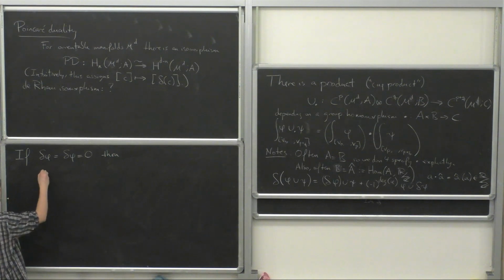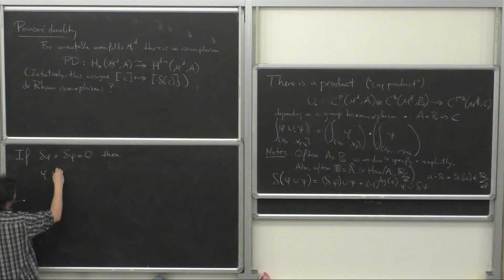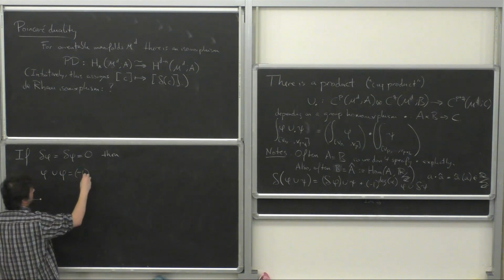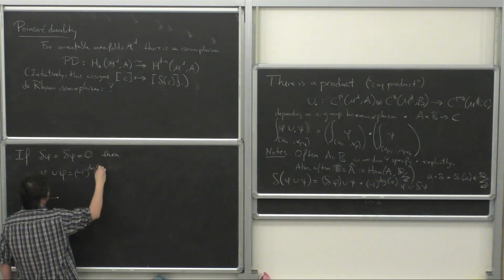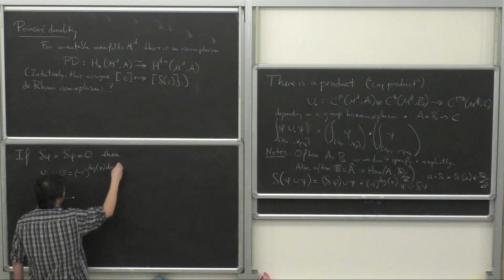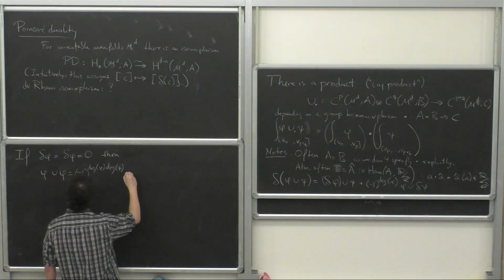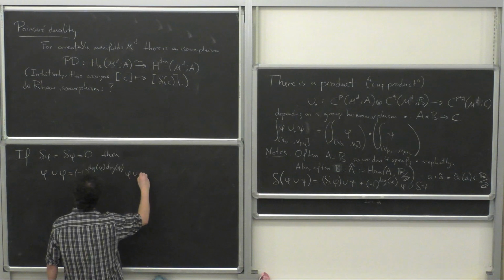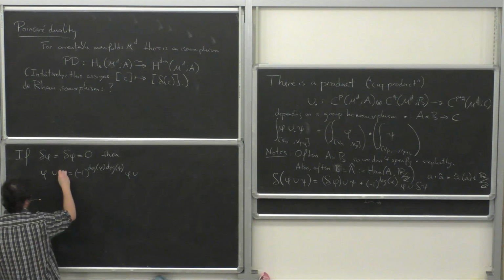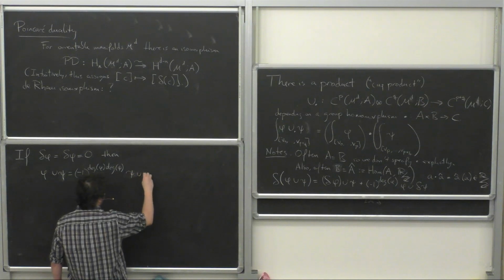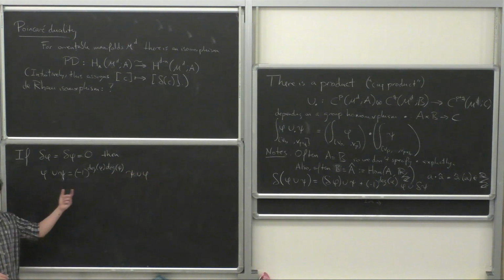Then the cap product of phi with psi is (-1) to the degree of phi times the degree of psi, the cap product with the opposite ordering, psi with phi. So this is what you would write for differential forms.